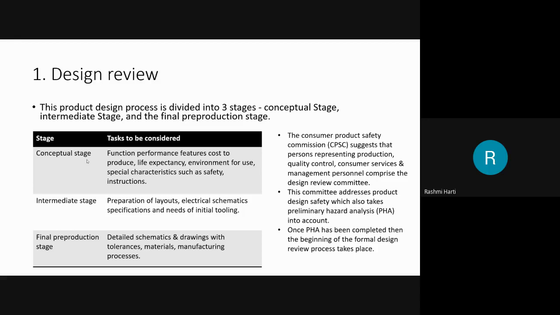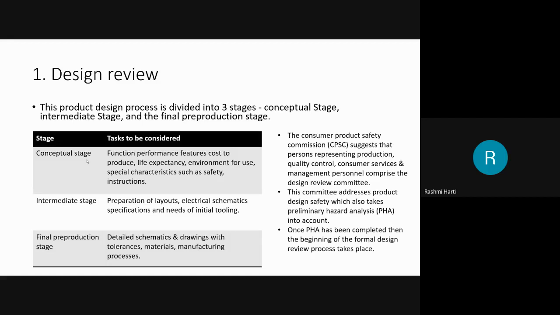So the CPSC suggests that persons representing production, quality control, consumer services, and management comprise the design review committee. Every organization will have this design review committee, which looks into the safety of the materials.